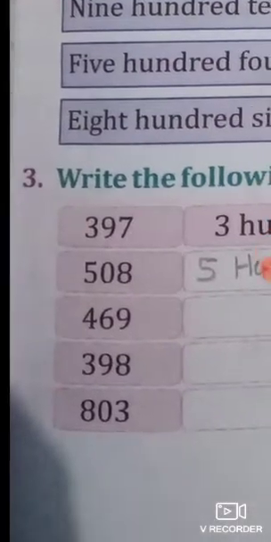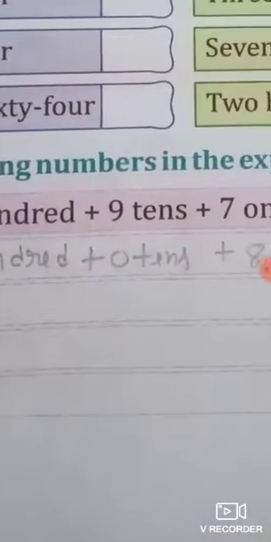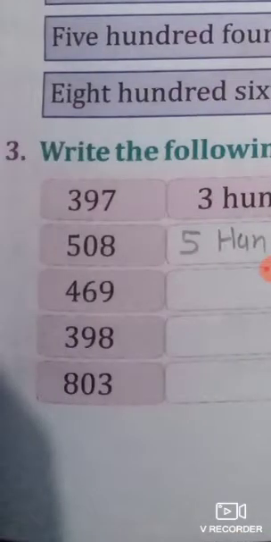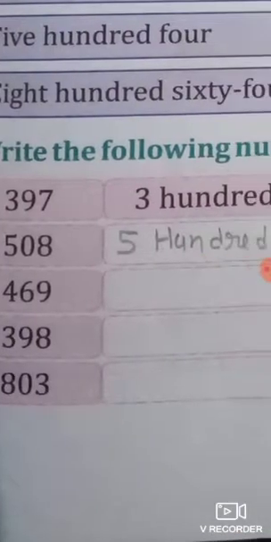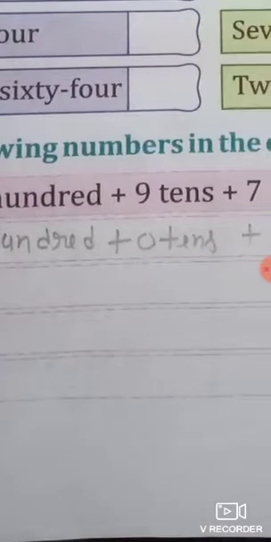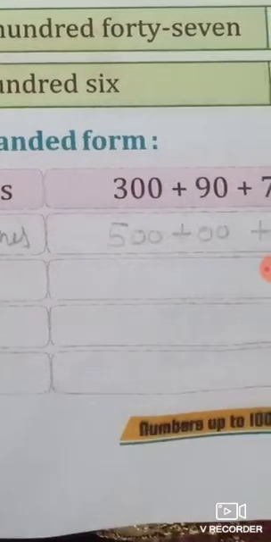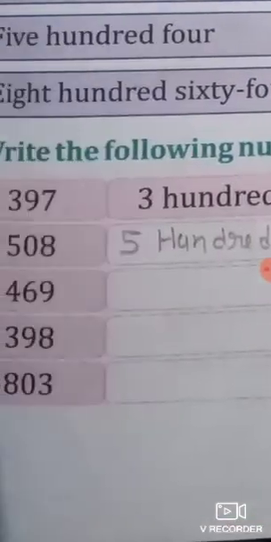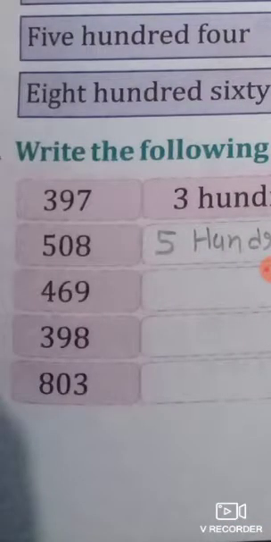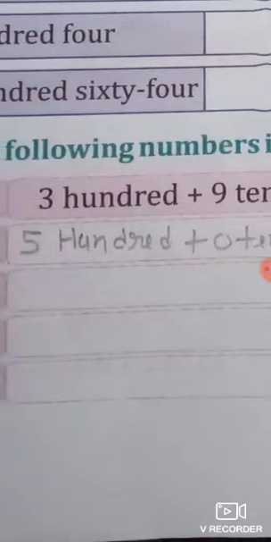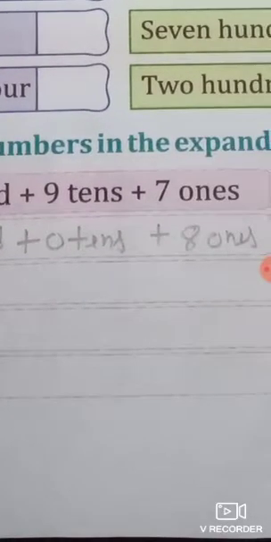The third question is write the following numbers in expanded form. The first is 397, so we will write it as 300 plus 9 tens plus 7 ones. Then we will write it as 300 plus 90 plus 7. The second is 508, so we will write it as 500 plus 0 tens plus 8 ones.